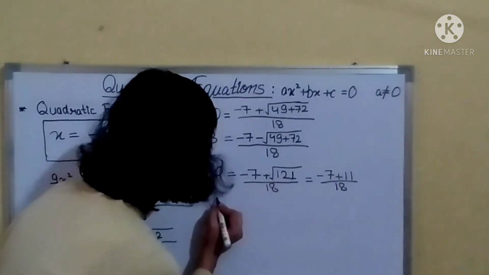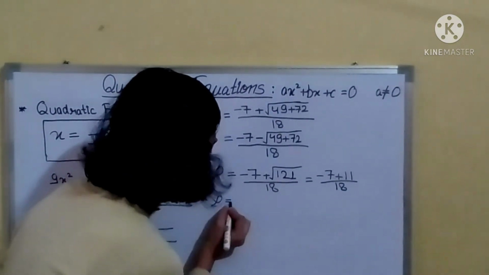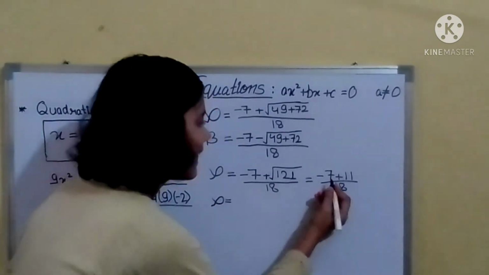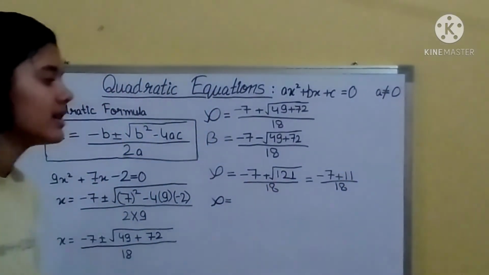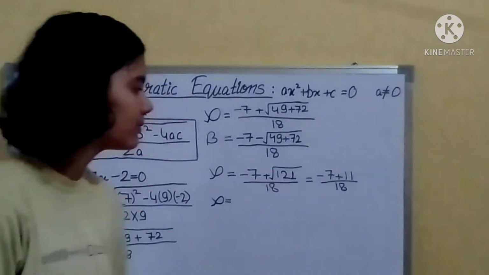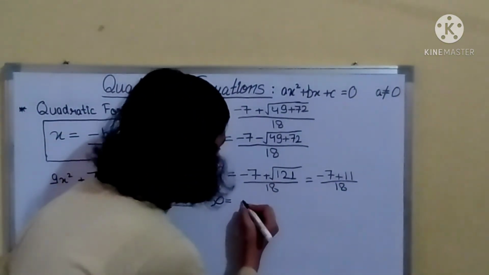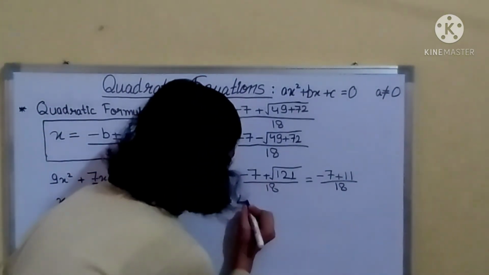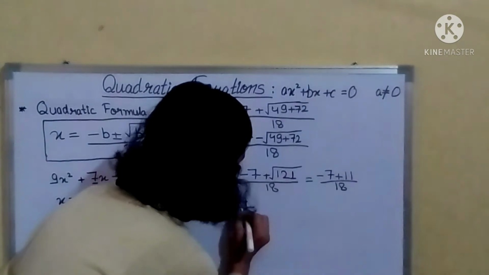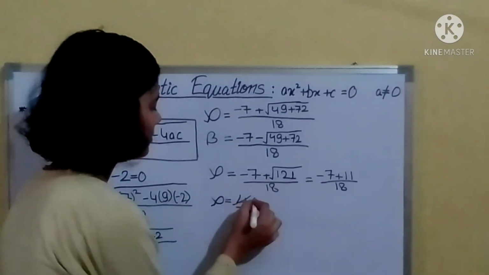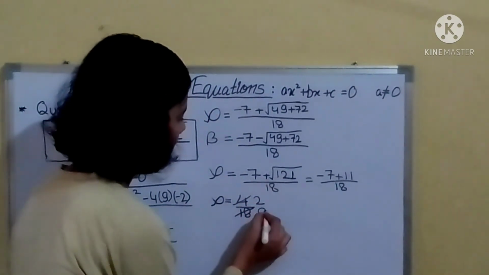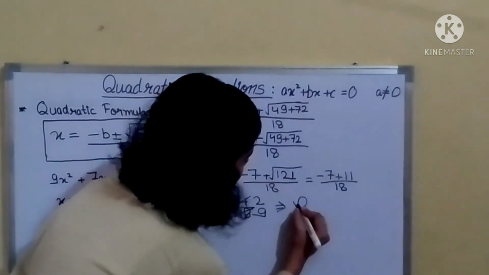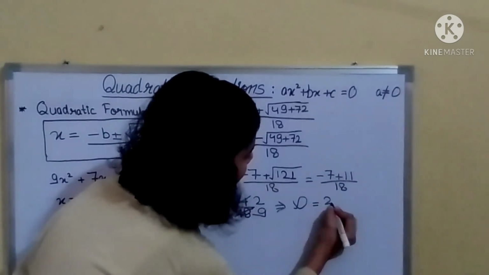Then alpha is equal to minus 7 plus 11, so we will get 4 upon 18. Then 2 2s are 4 and 2 9s are 18. So the value of alpha we have got is 2 by 9.